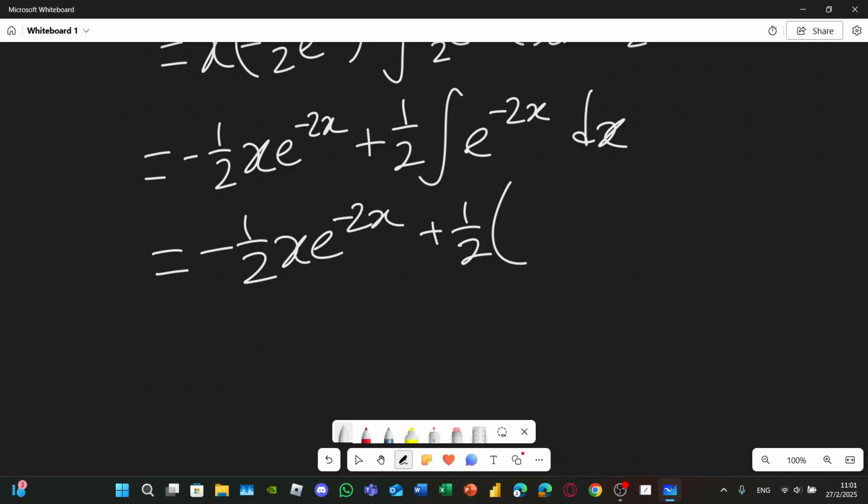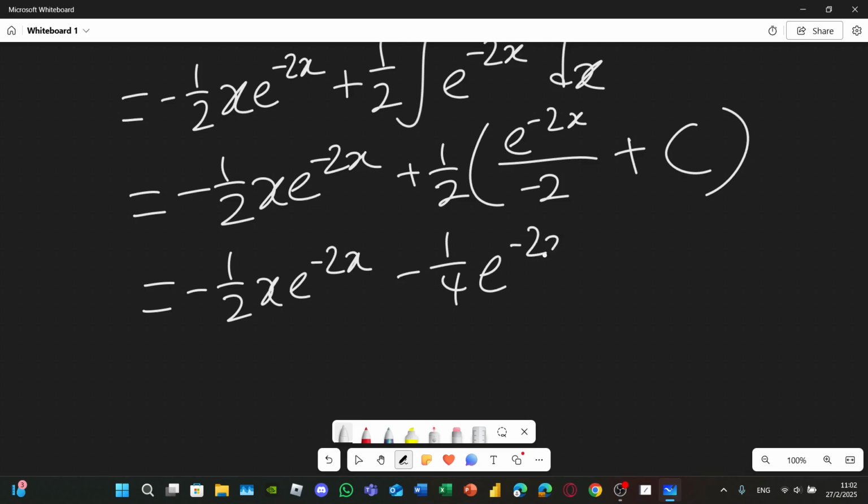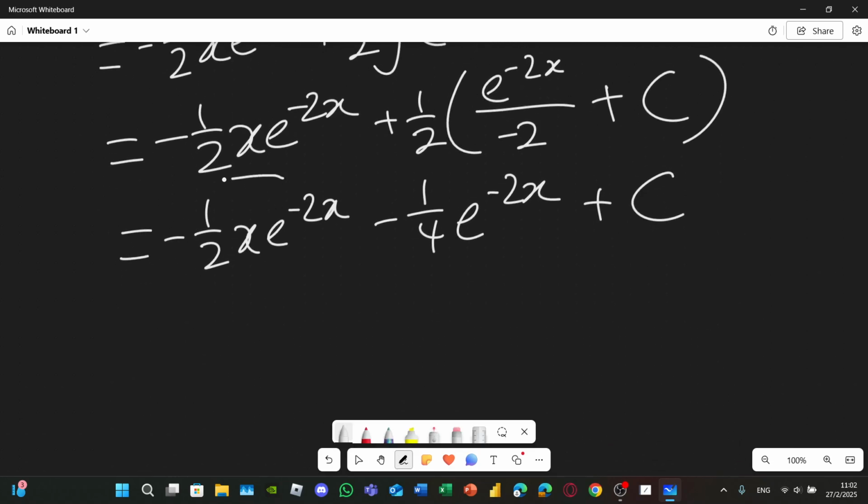If I integrate e to the power negative 2x dx, I still get e to the power negative 2x, then I divide it by negative 2. Then I put a plus c over here. Don't forget the plus c, very important when it comes to dealing with indefinite integrals. And then I can go on to simplify the whole thing. So eventually I get this. And there we have it.